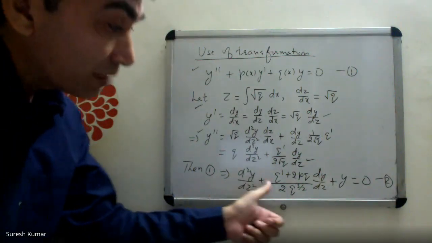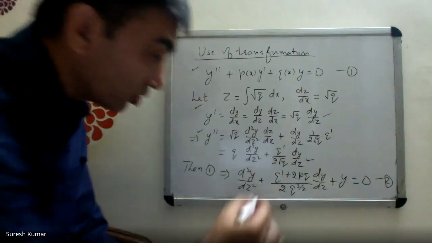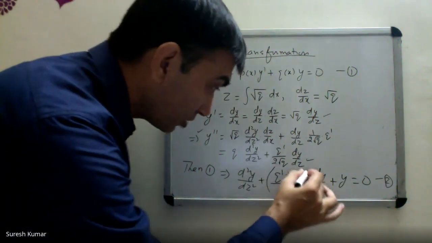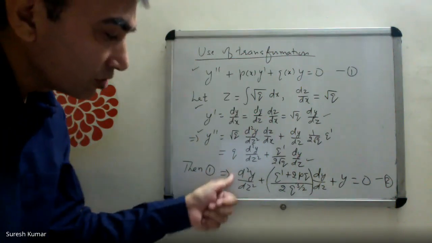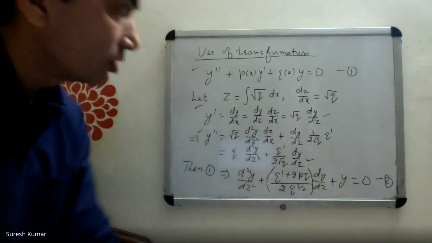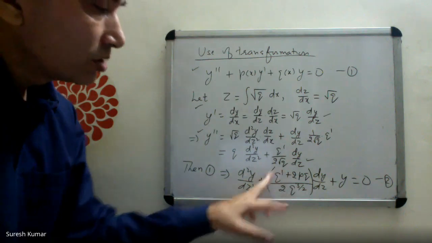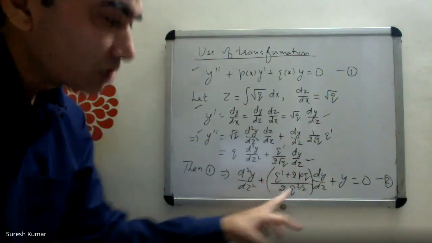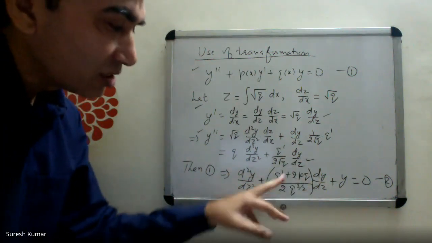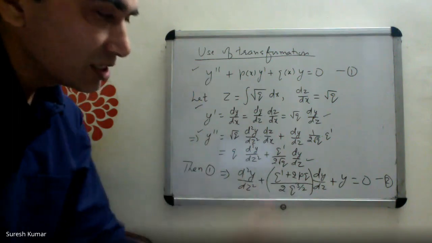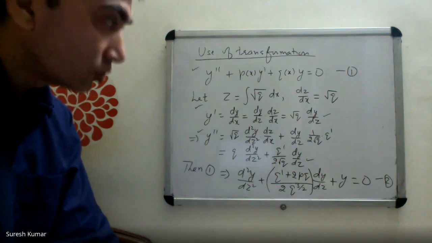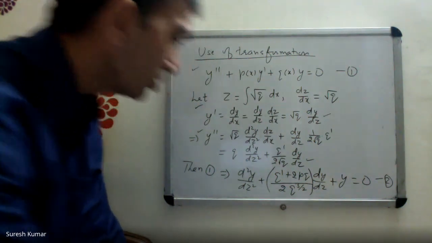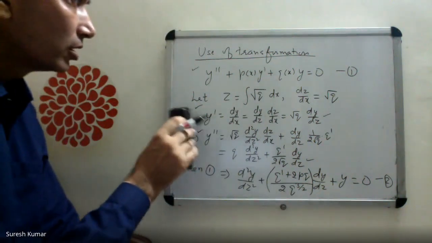This equation can be an equation with constant coefficients provided this part is constant. Because its coefficient is 1, its coefficient is also 1. Only this part. If p and q are such that this part is constant, then I can say that this is an equation with constant coefficients.